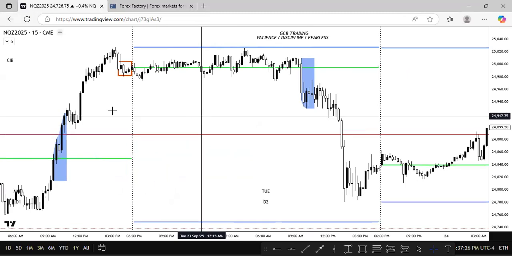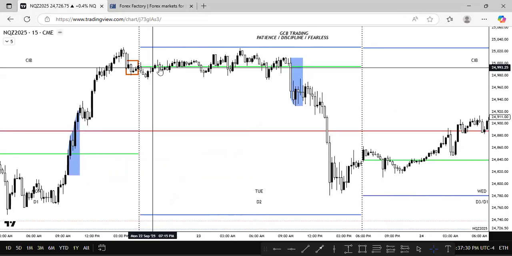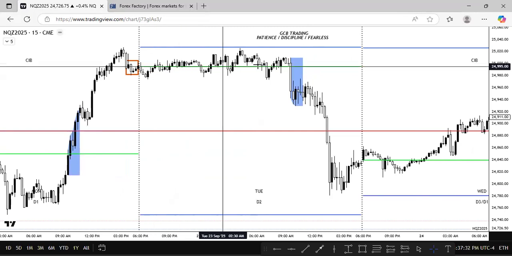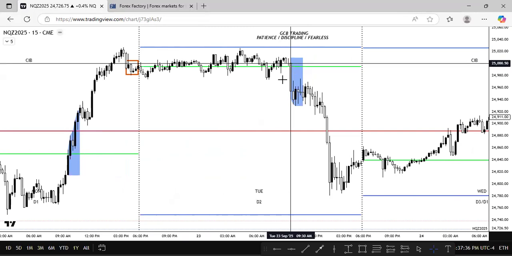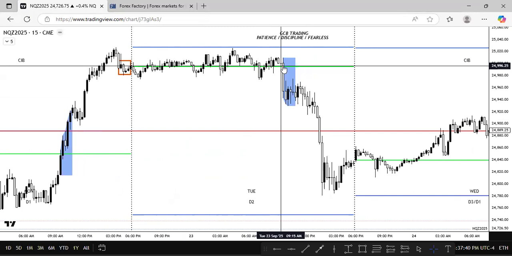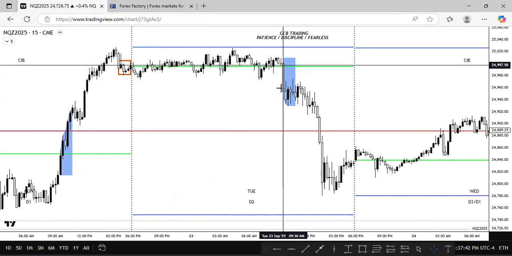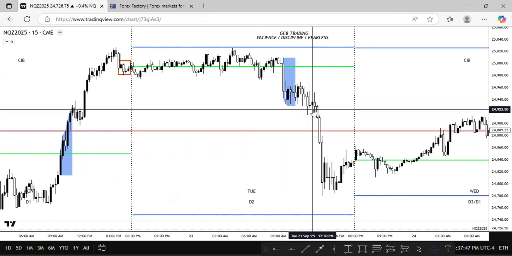As you guys can see, heading into our New York session, this market was basically accumulating sideways. So we have a nice coil sideways heading into our New York session, knowing that we had major red news at 9:45 and some medium impact news around 10, and then more major red news at 12:30.